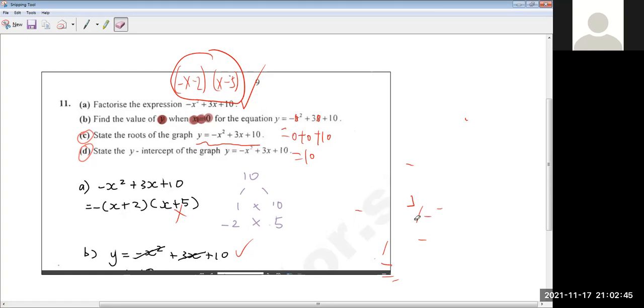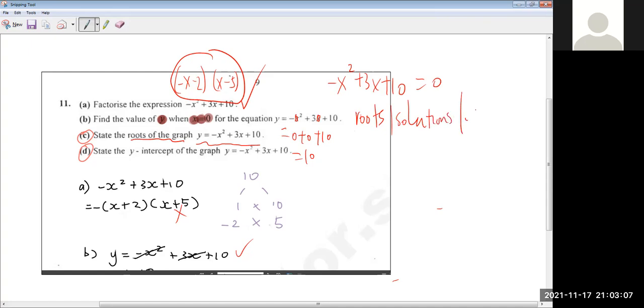I'm going to explain the meaning of roots. Next time when you see roots of the graph, it means you need to set this equal to 0.